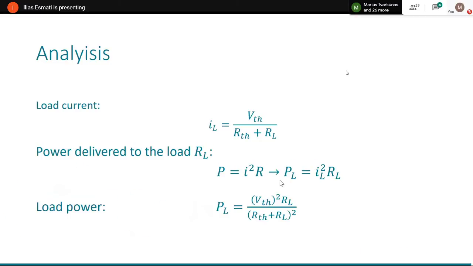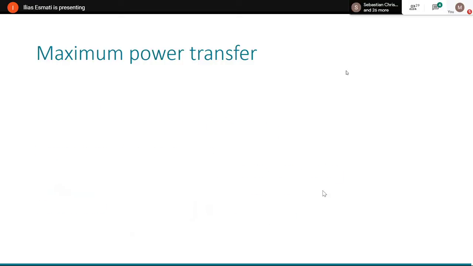So the power can also be written as I squared, and instead of I, I write this equation, which is V Thevenin divided by RTh, the Thevenin resistor, plus RL. Yeah, so this is the relationship.